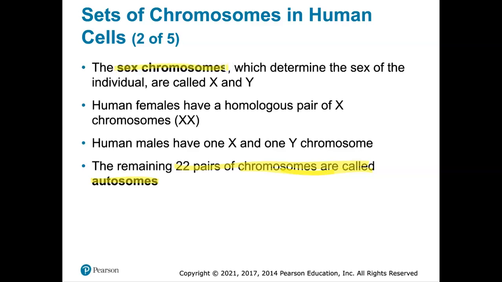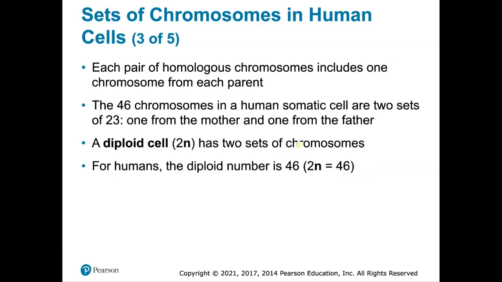So the sex chromosomes in a human female are going to be 2 X's. And in a human male, there's going to be 1 X and 1 Y. And it's actually the presence of the Y chromosome that makes the human male a male.